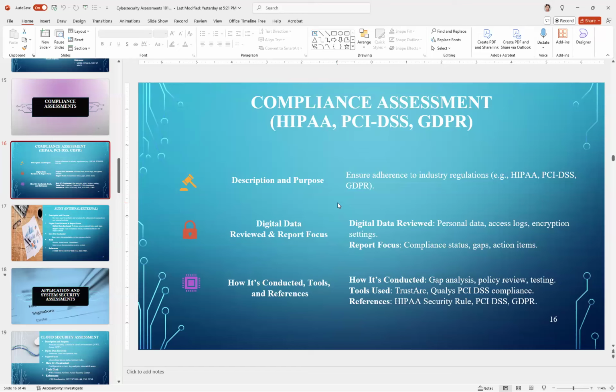And your report focus is a compliance status, gaps, and action items that are provided as a result of the findings. It is conducted by gap analysis, policy review, testing, and you have TrustArc, Qualys, PCI DSS compliance, and your references are your HIPAA security rule, your PCI DSS, and GDPR.